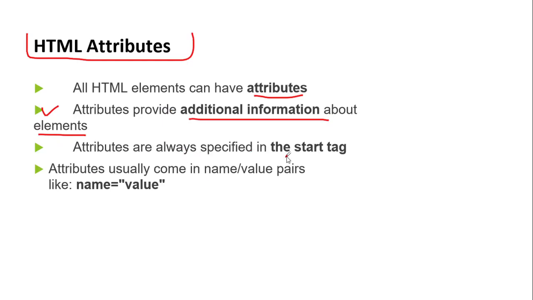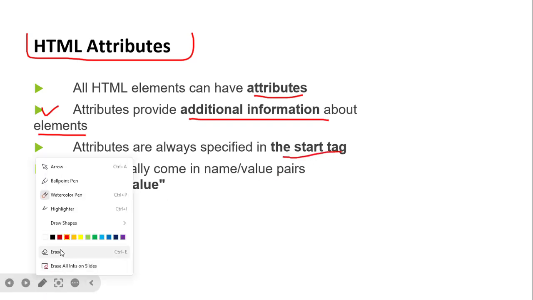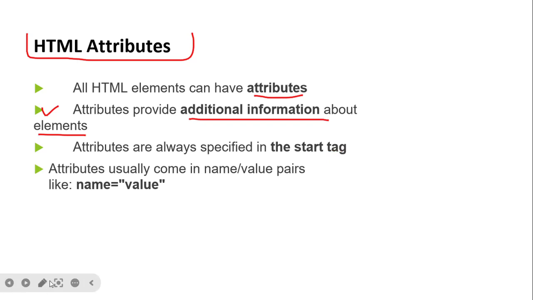Attributes are always specified in the start tag first. Then attributes usually come in name and value pairs. Like, name we have to give firstly, then assigning the value you have to give secondly.